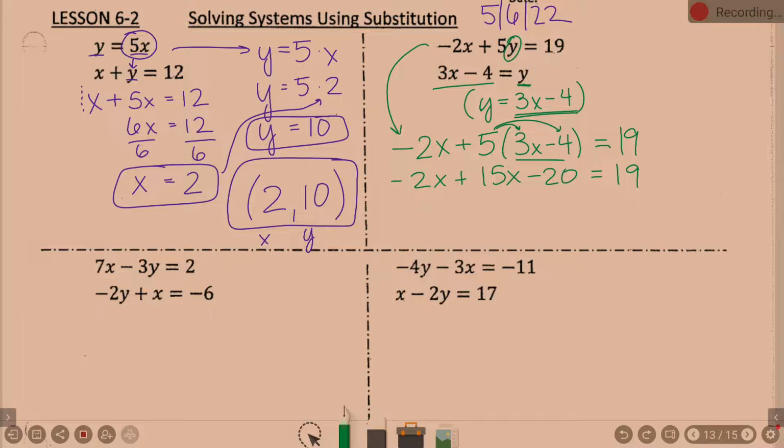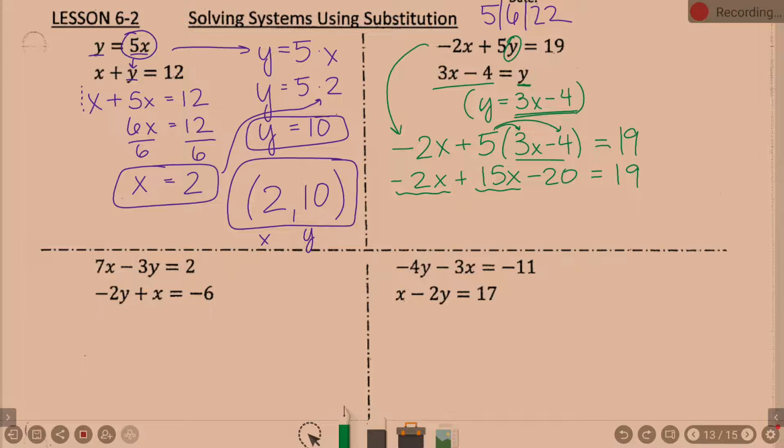Okay, focus up here, please. Now, on that left, do I have any like terms? You got negative 2x and 15x. Wouldn't you subtract 15x from both sides?